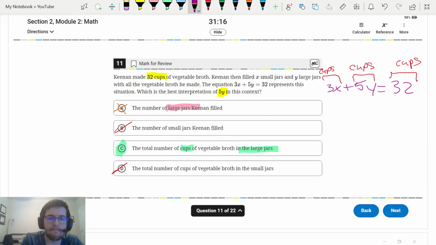The number of large jars Keenan filled, that's Y. The number of small jars he filled, that's X. The total number of cups he filled in for the large jars is 5Y, which is what they were asking us about. And the total number of cups for the small jars is 3X.